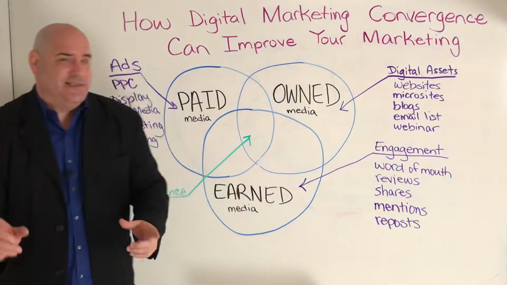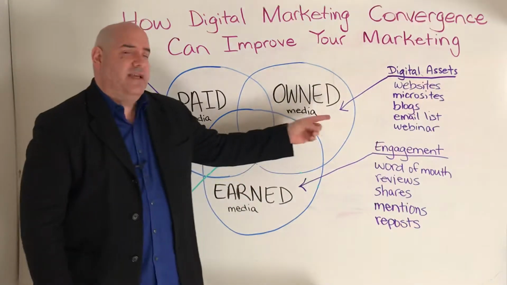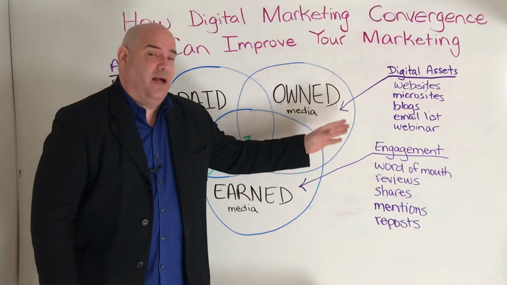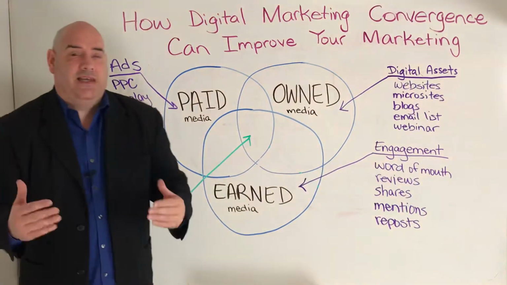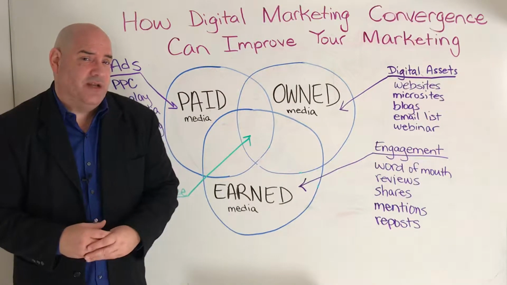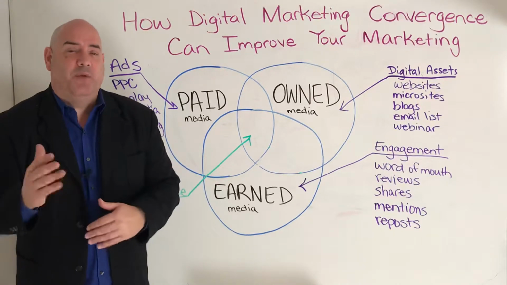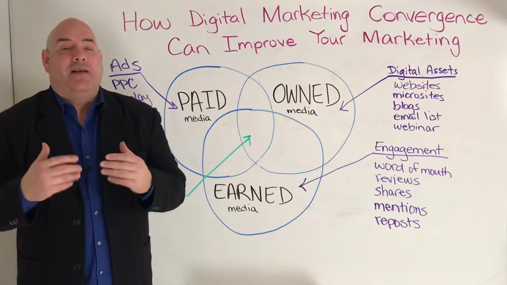Now, in some cases, they do overlap. Let me give you an example. Let's say that you have a website with a blog. That blog has at the end a call to action button that you want someone to buy a product. Someone does a search, finds your blog, and a couple of people really like it and leave comments.